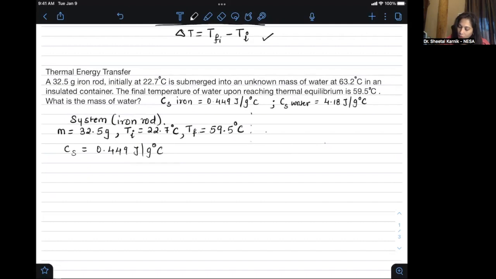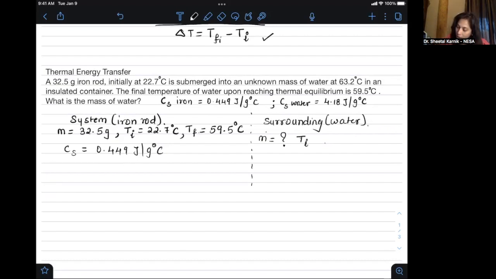Now let's look into what information is given about the surrounding. In this case, this iron rod is submerged in water, and therefore water is the surrounding. The mass of water is not given. That's what we are going to find out. It is submerged in water at 63.2 degrees Celsius, so that is the initial temperature of water.